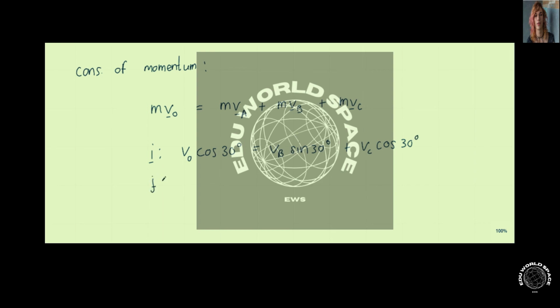Resolving the j components, remember our vectors VA, VB, and VC, we've already stated above. The j components gives us minus V0 sine of 30 degrees is equal to minus VA minus VB times the cosine of 30 degrees plus VC times the sine of 30 degrees.